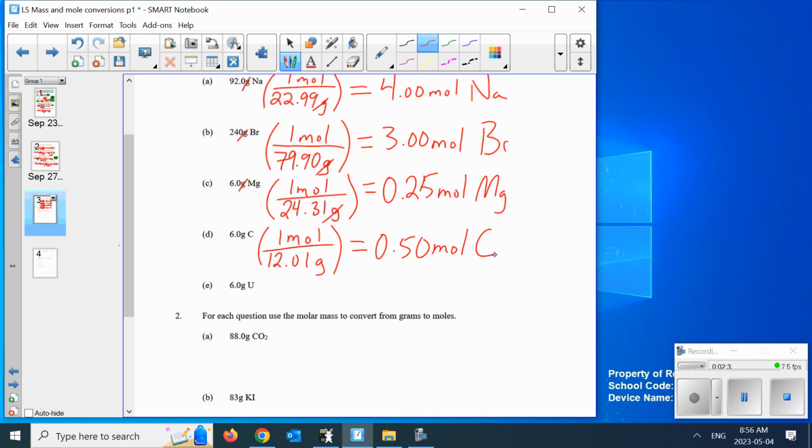Moles of carbon atoms. Uranium is downtown here. Uranium 238.03. Grams cancel. Significant digits is 0.025.